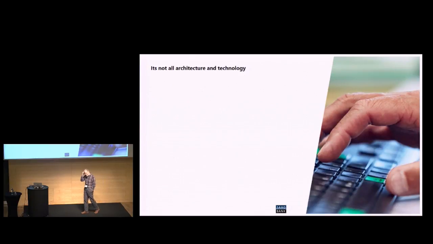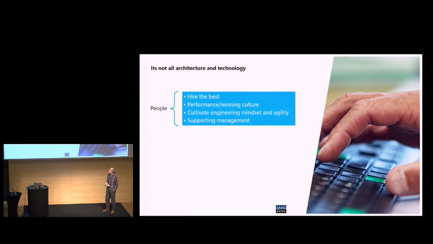So it's not all about architecture and technology and patterns and so forth. It's also the people. Try to hire the best, cultivate a performance and winning culture, cultivate the engineering mindset.